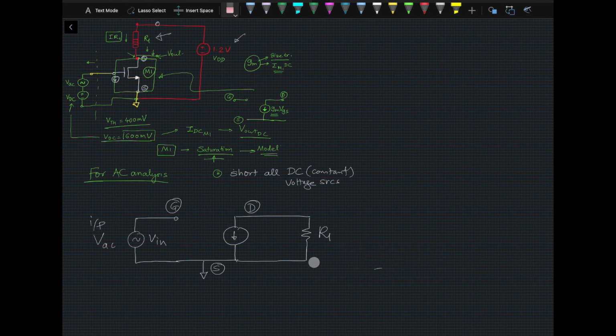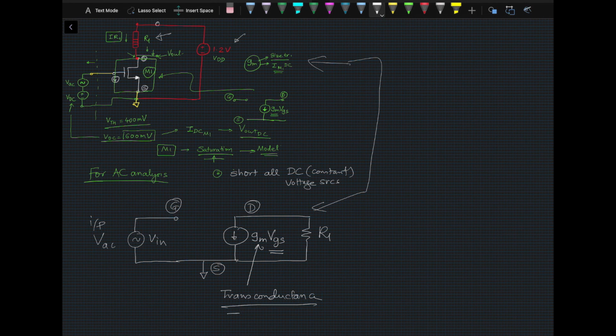So now we simplified this whole complex circuit to a very simple circuit like this. Let's put the values here. This is GM times VGS. Again, this VGS is a small signal value. And GM is transconductance, and this is a parameter of the transistor.